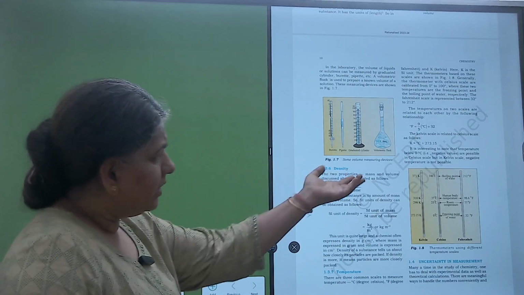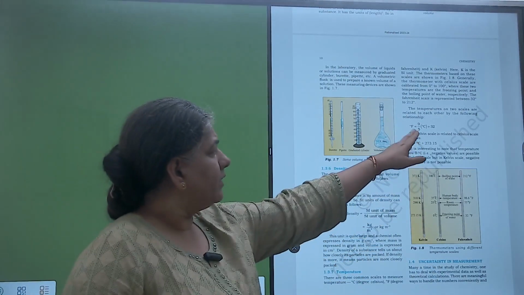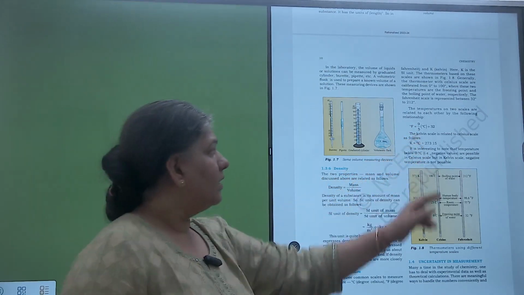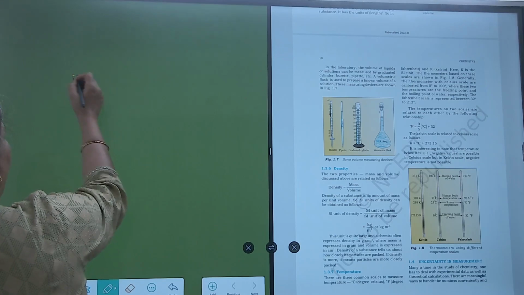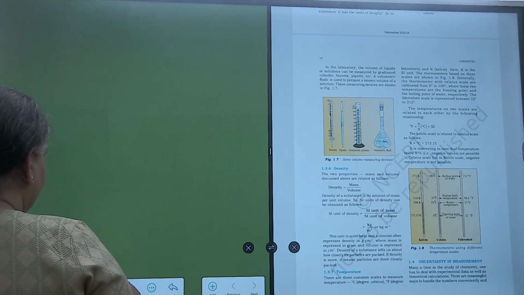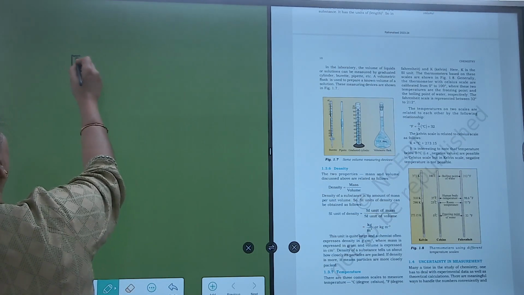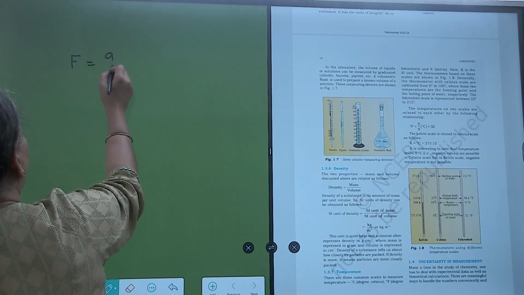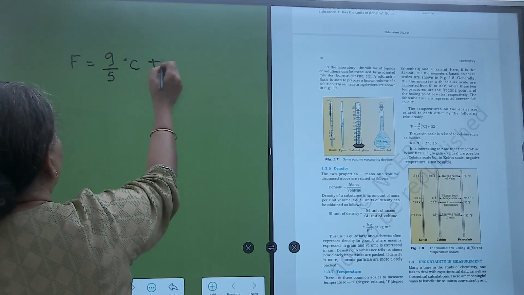Degree Celsius and degree Fahrenheit are related: Fahrenheit is equal to 9 upon 5 times degree Celsius plus 32.